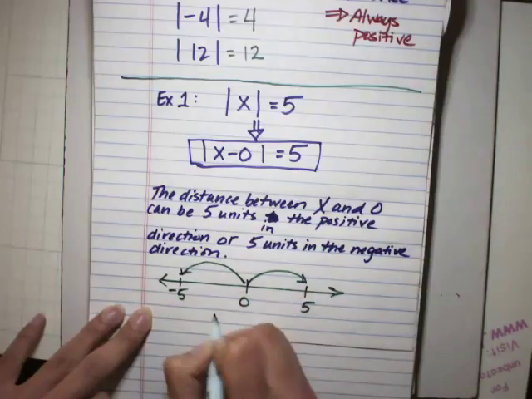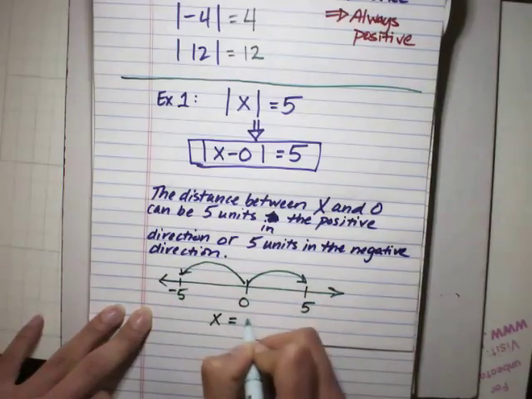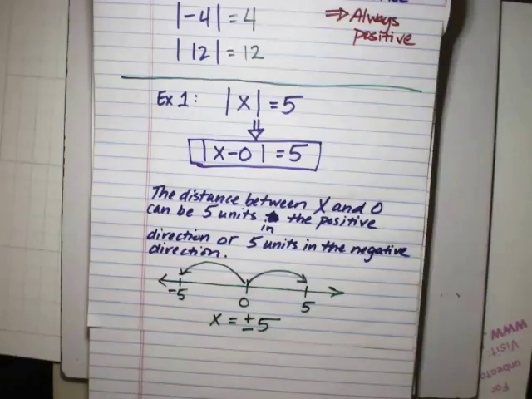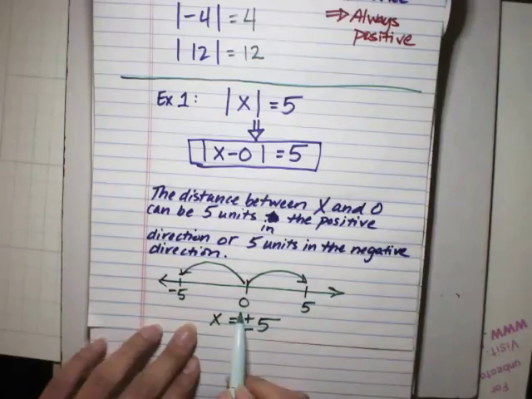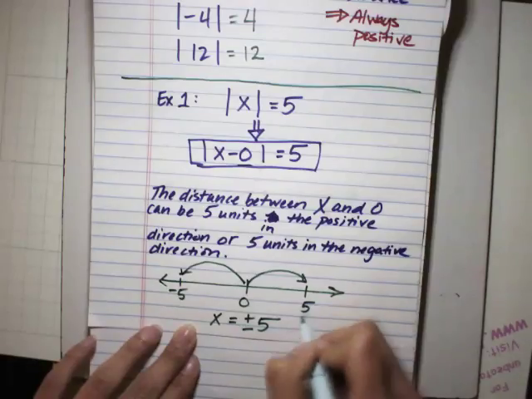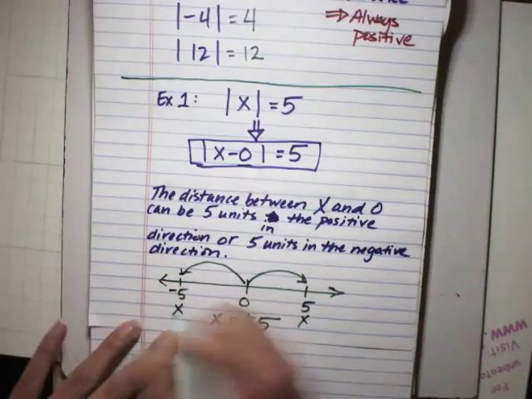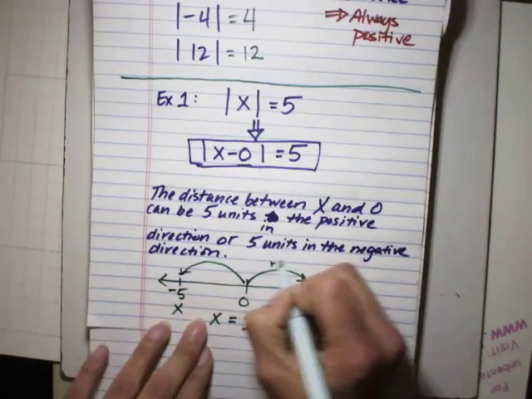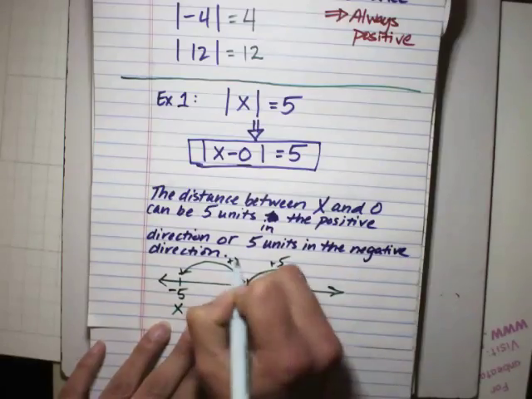So here we have x could be equal to positive or negative 5. This would be your solution. 0 is your midpoint, and here's 0, the difference between x and 0, so here's x or here's x. Could be any which way because this is 5 steps and this is 5 steps.